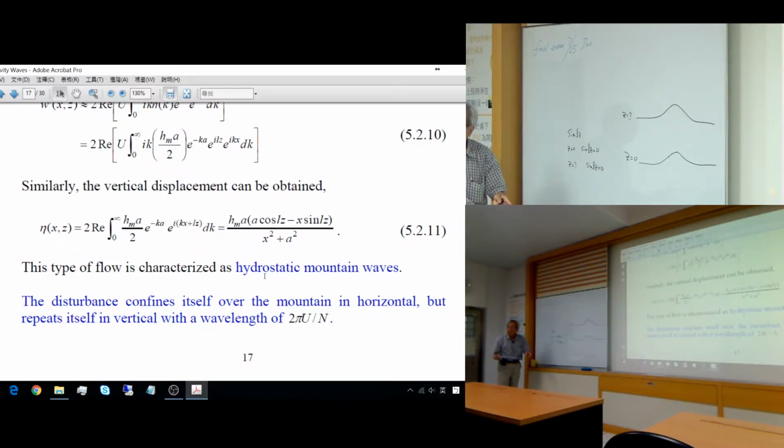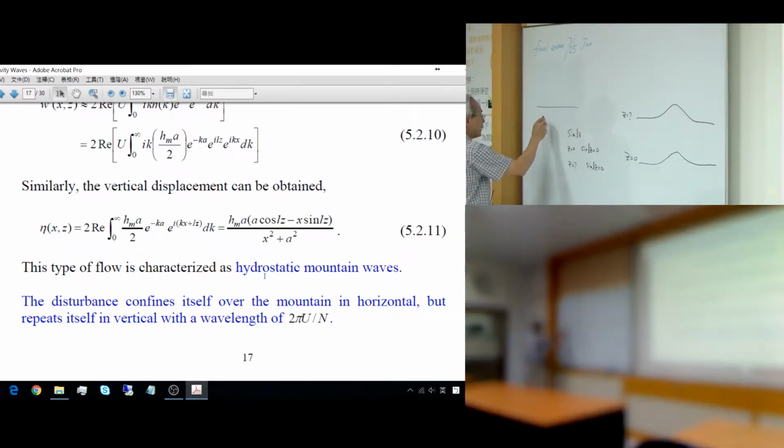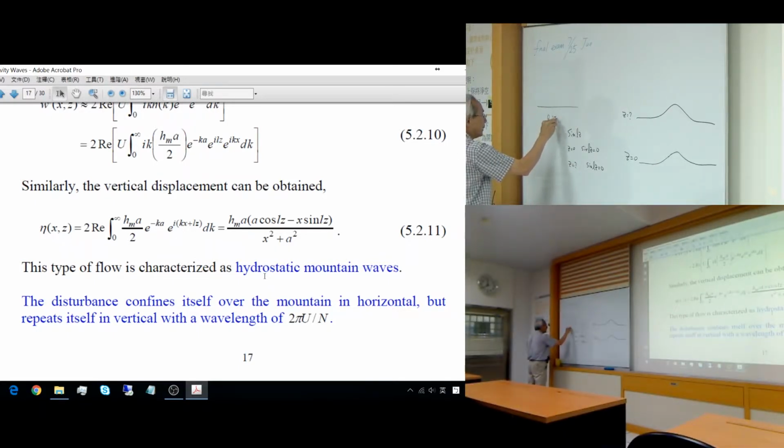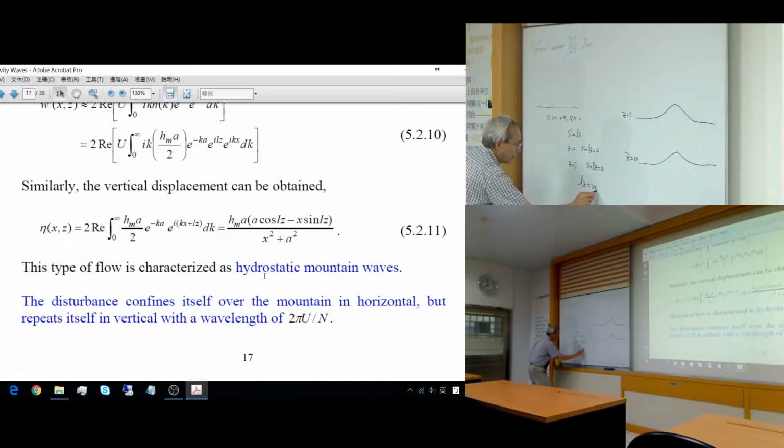For the sine function you have 0, then 2 pi, 4 pi, 8 pi, where it's equal to 0. So Lg equals 2 pi, then it will repeat. If Lg equals 2 pi, then this is the same as that. So that means g will be equal to 2 pi divided by L.